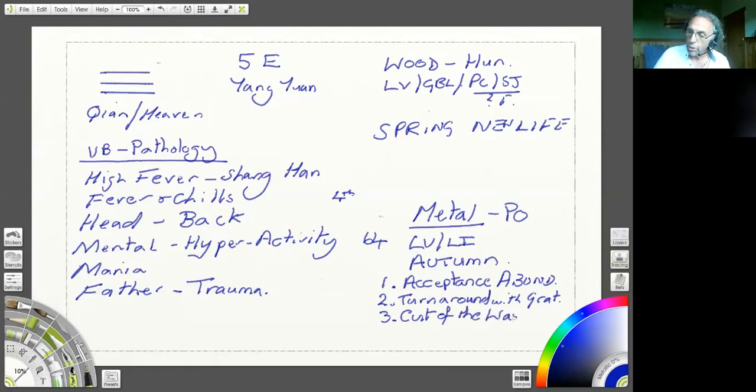So let's say we continue with that theme of the eldest daughter over the father from a traumatic experience. Part of what this hexagram can do is help a person accept what's been before.